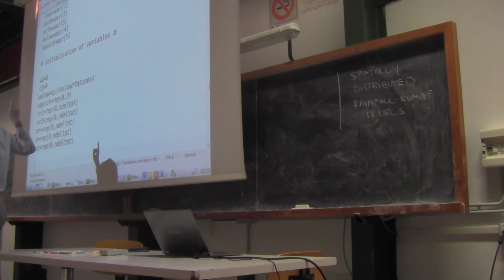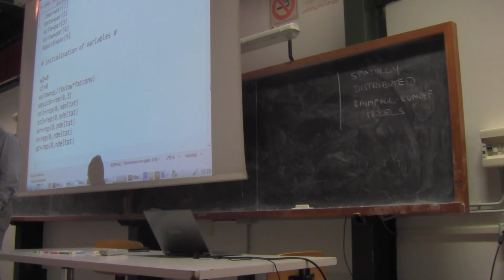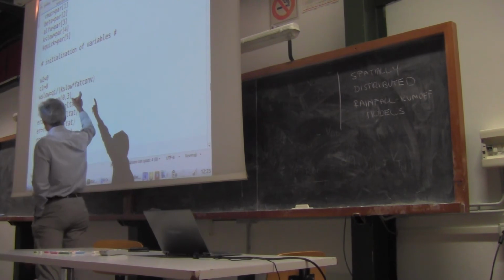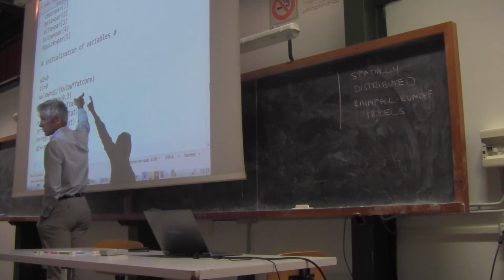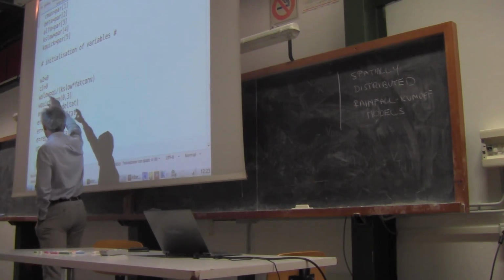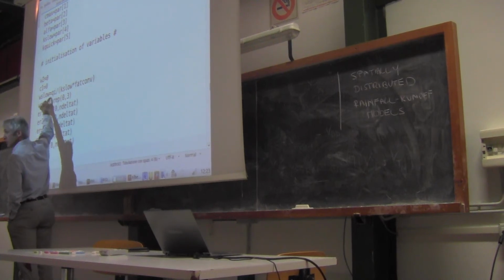So I understand from this writing that the storage in the reservoirs is in millimeters, because I need to apply the conversion factor here in order to pass from river flow to storage.